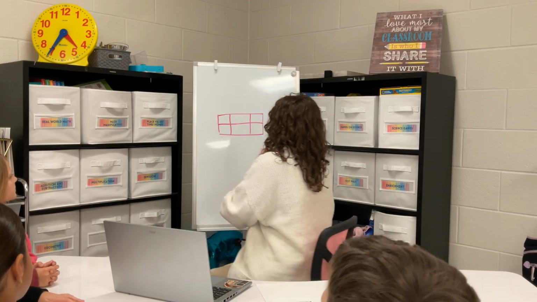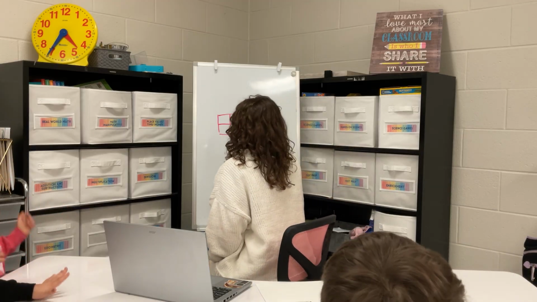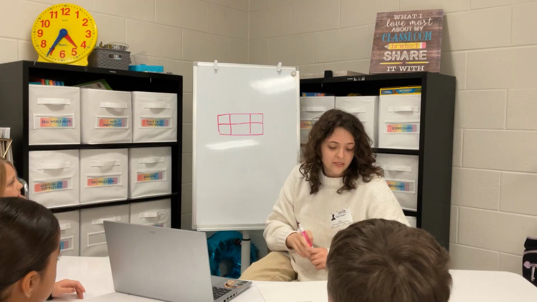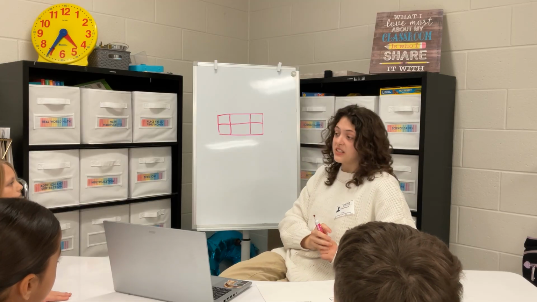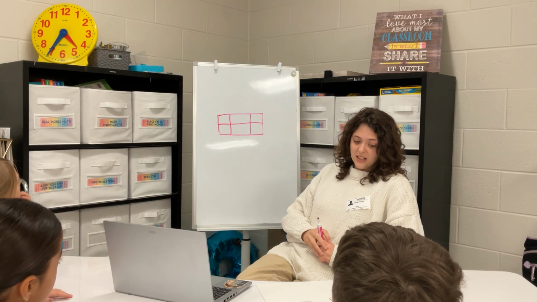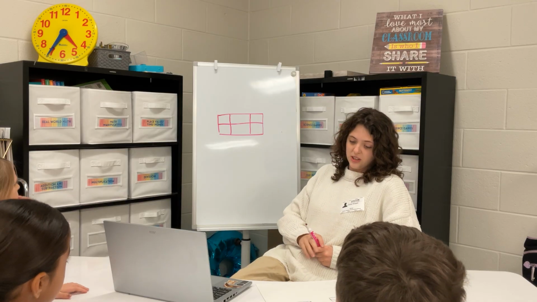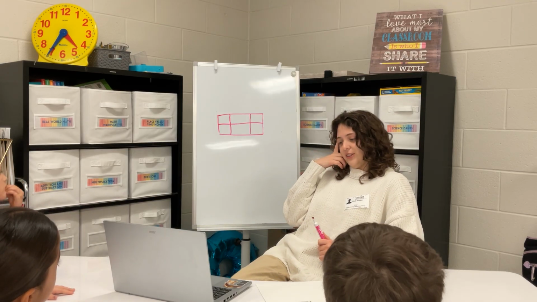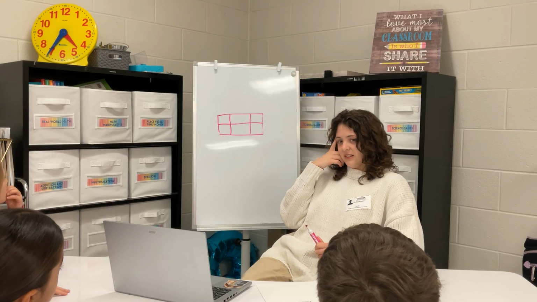This is okay. They may not look super equal, but this is 6 equal pieces. A chocolate bar is split into 6 equal pieces. If you eat 3 pieces, what fraction of the bar did you get? Think about it. Want your hands over your heart when you think about a way to solve this.